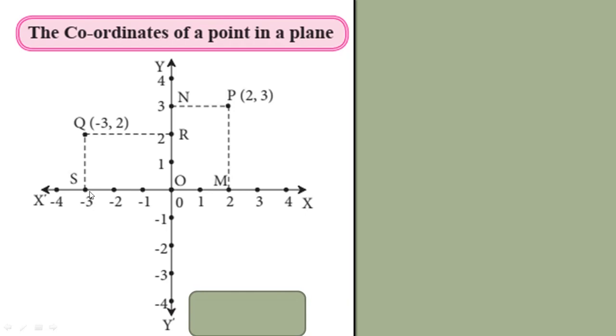Then we'll draw line RQ perpendicular to the y-axis at 2 units. Wherever these two lines cross each other, that point is the location of point Q.